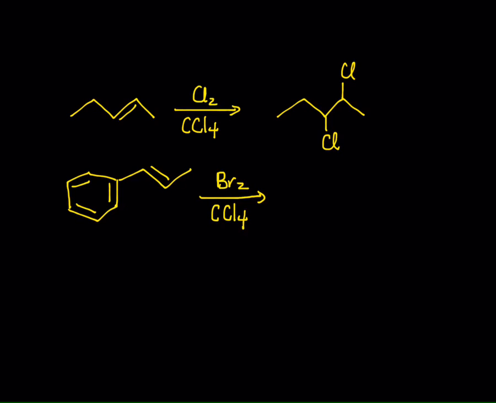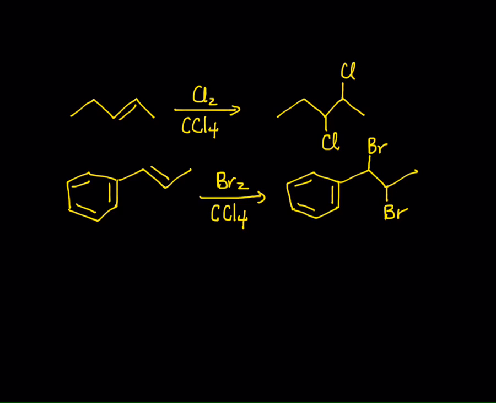And so, if I were simply to look at this molecule, I have to recognize the alkene is present, bromine in carbon tetrachloride. Carbon tetrachloride is a nonpolar solvent. It's very good for halogenations simply because the halogens will dissolve in it. And I get the formation of my vicinal dibromide.